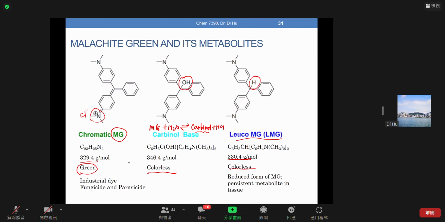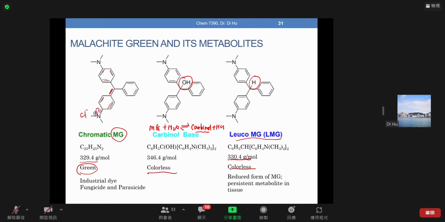Why is that? Can anyone tell me? I'll say, look at the structure. Which one has a very big conjugated pi bond? Look at methacon green: double bond, double bond, double bond, right? Here conjugated, and here conjugated, even with the nitrogen here.